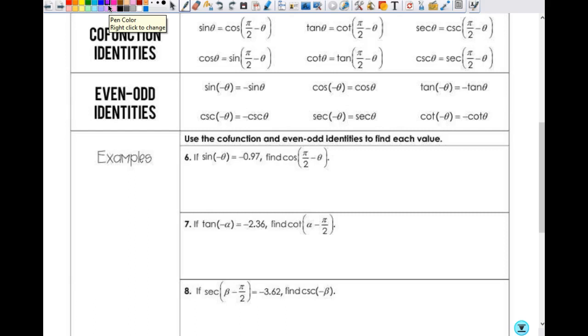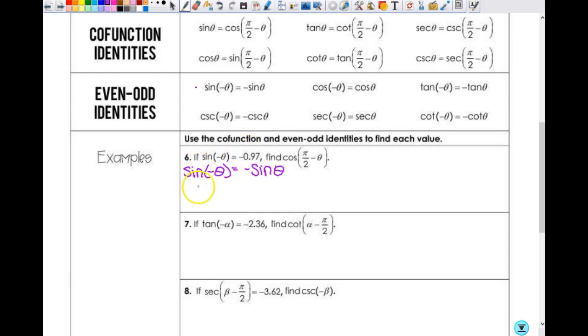So I've got the sine of negative theta equals negative 0.97. Okay, so here's what I know. I know that the sine of negative theta is equal to negative sine of theta. So I'm going to write that down. Then I'm going to substitute because I know what the sine of negative theta is. They gave it to me. It's negative 0.97.